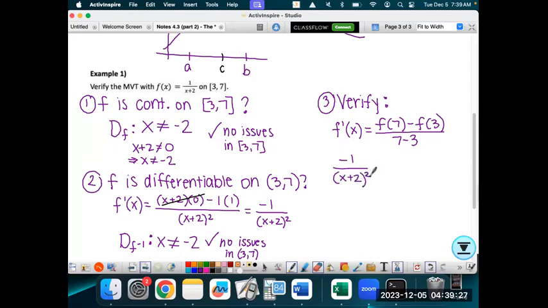Replacing f prime with what the derivative actually is. And then f of 7, that would be 1/9 minus 1/5 over 4. Just to save time, I'm going to put that in the calculator and simplify this.